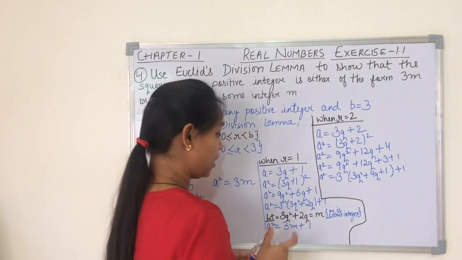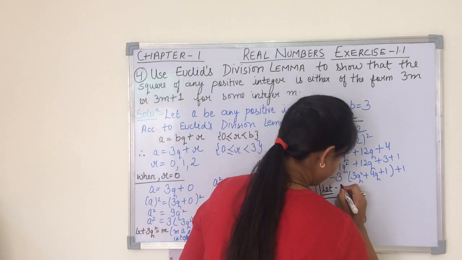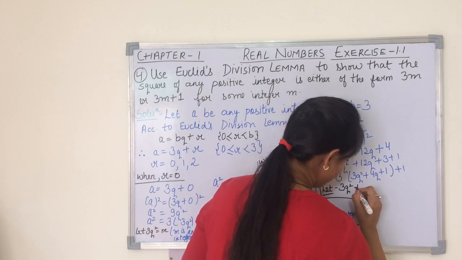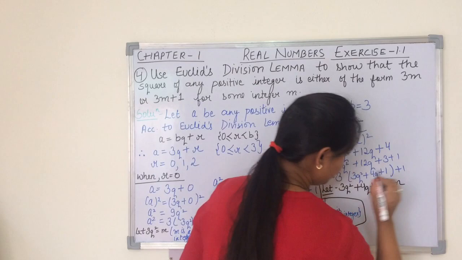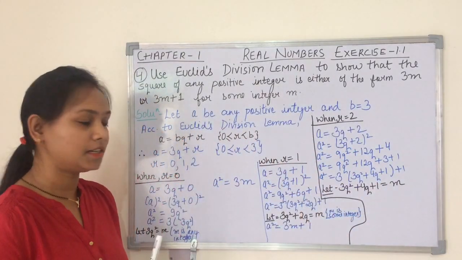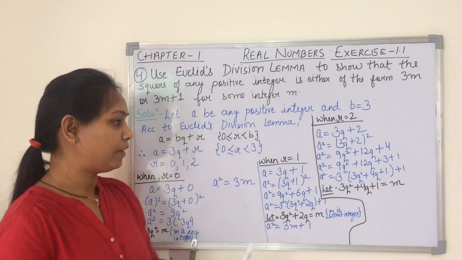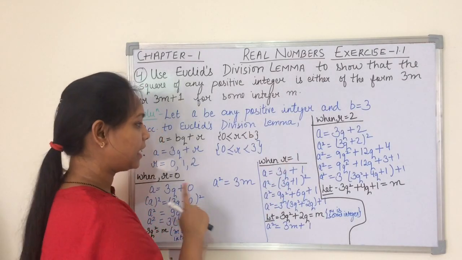Okay, now again we will assume 3q square plus 4q plus 1 is equal to m. In all three cases we have taken m as any integer, but the value of m is different in these three cases because the cases are different.